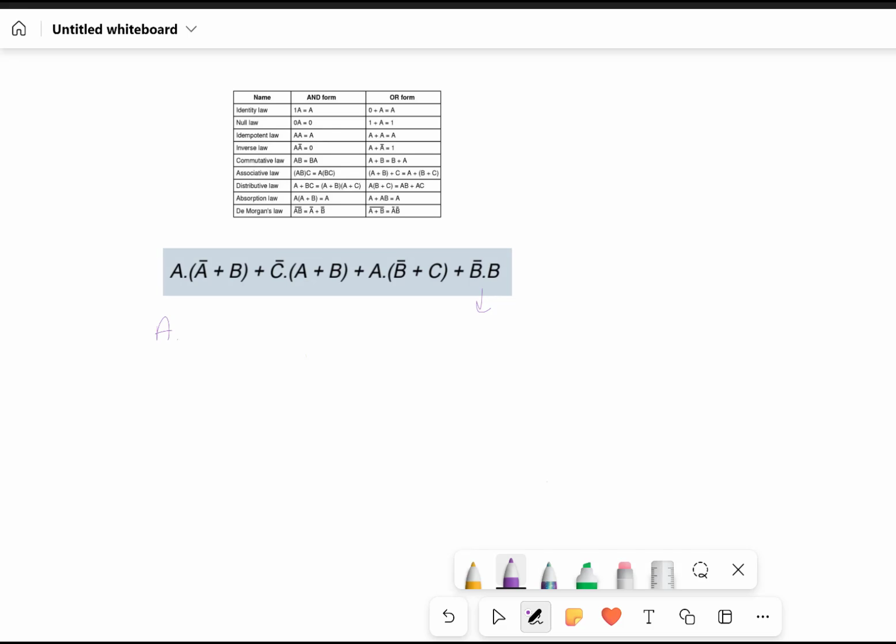So we can just do... oops, didn't mean to do that, don't need that. Okay, so that's my step 1.